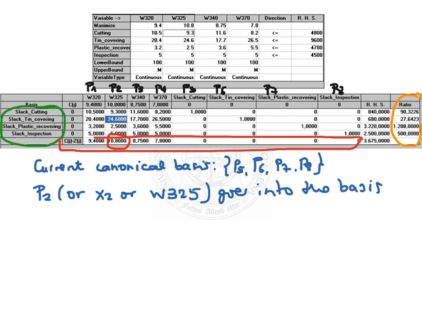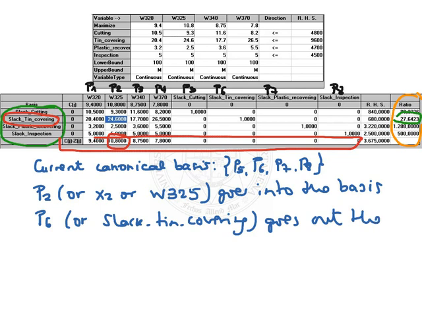So slack tin covering is the variable which goes out of the basis, which is P6, or slack tin covering goes out of the basis.